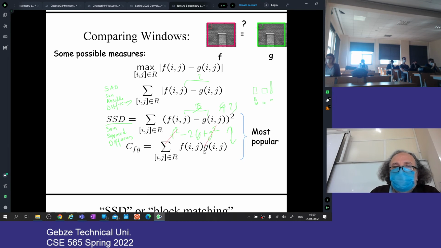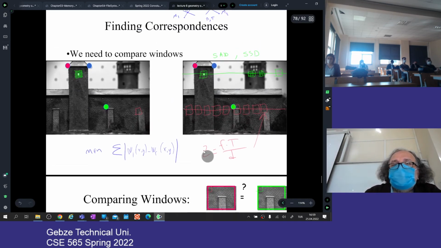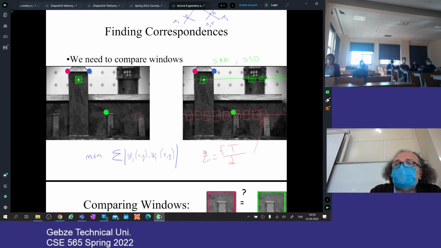So we don't like these kinds of problems for SSD and SAD because these are all brightness dependent. I bet if I increase the brightness of this image by 10 gray levels up, and if I lower this a little bit, none of you will realize that these two images have different brightness values.